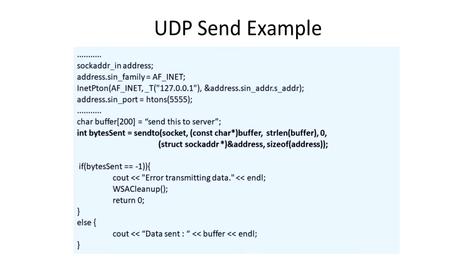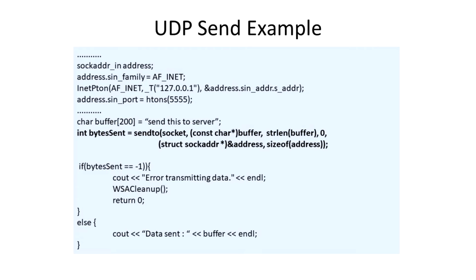It's another function that we looked at, some of the functions associated with the string family, and we can calculate the length of this buffer, or we could just write 200 there, as we know it's of 200 elements. So that's the third parameter. Then the fourth parameter, 0, flags, we don't change any of that. Then we've got the fifth parameter, which we spoke about previously. That's the sockaddr structure, specifying the IP address and port number that we want to send to, and then using the sizeof function in the sixth parameter there to work out the size of this structure.